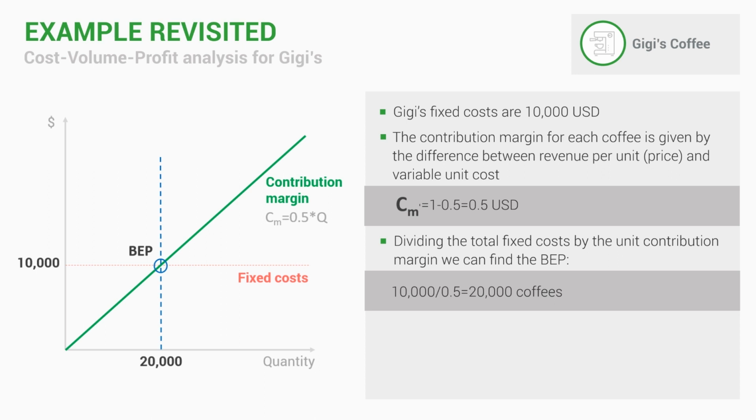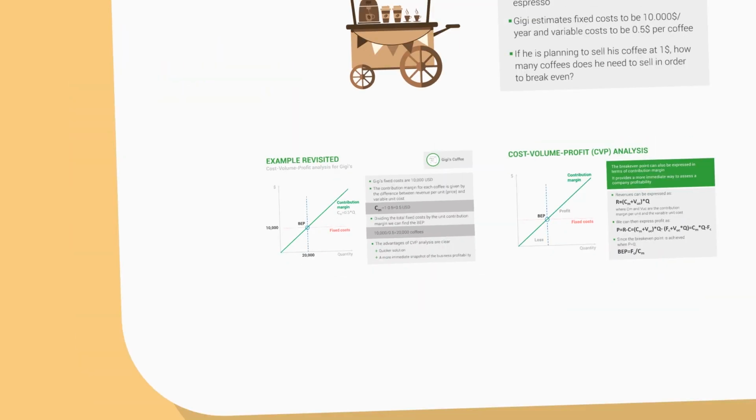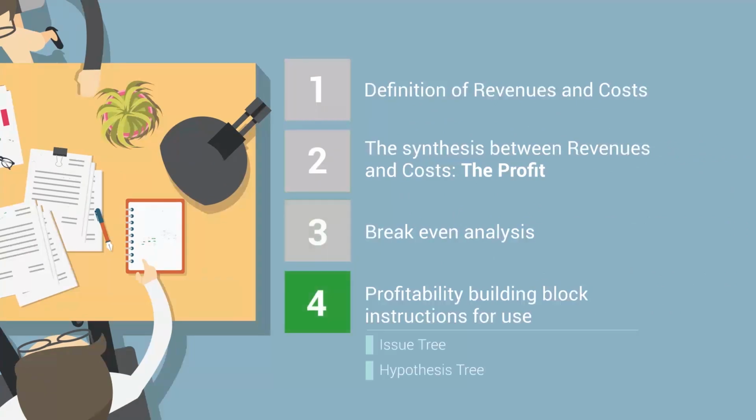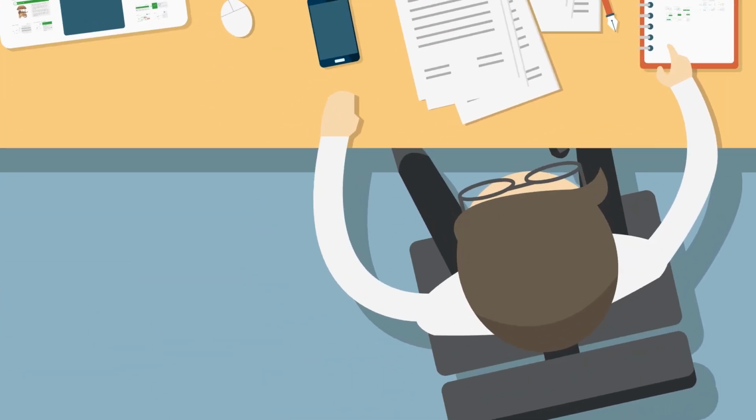Thus, we divide 10,000 by 0.5 and get the correct answer of 20,000 coffees. The advantages of CVP analyses are clear in that they make for quicker calculations to give us an immediate snapshot of a business's profitability.